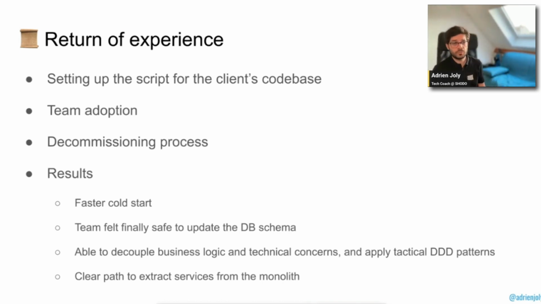Another project that was made possible after decommissioning was that the team was finally safe to update the database schema. They wanted to make some changes in the schema to rename some columns, etc. And they didn't do that because their caching system was not a pure cache. It was manipulating the data, meaning that the structure of the data from the cache was not the same as the one from the DB.